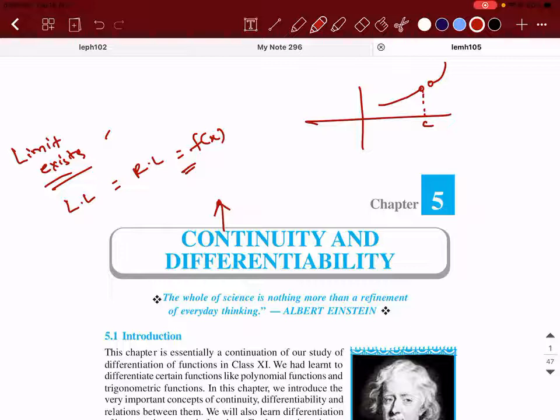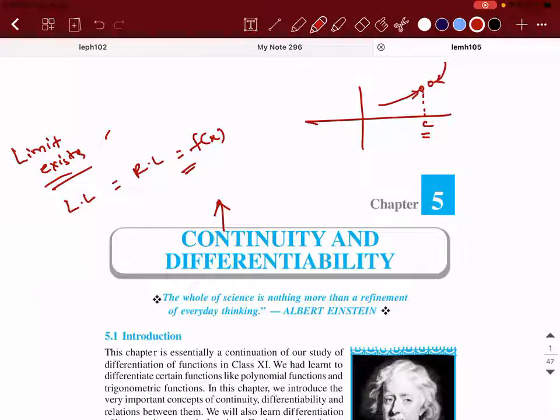Tell me, in this graph, what is the meaning of it? What is the meaning of left limit? From the left-hand side of this point C, you are approaching towards point C. Similarly, right limit means to the same point C, you approach from the right-hand side.